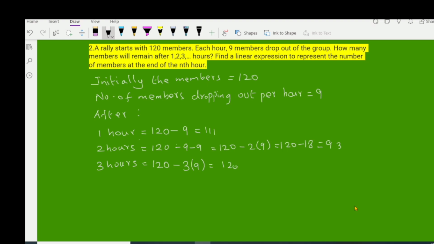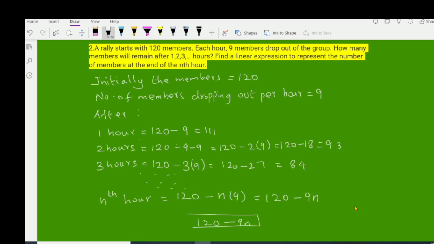So 120 minus 3 times 9, 27, is nothing but 93 minus 9, which is 84. Okay, likewise you can follow the pattern. And after nth hour, how many members? 120 minus n into 9. So the expression is nothing but 120 minus 9n. So this is our required expression.